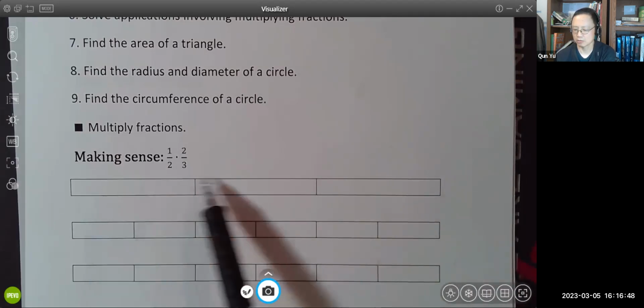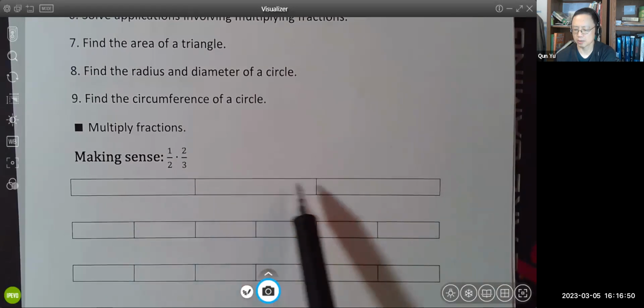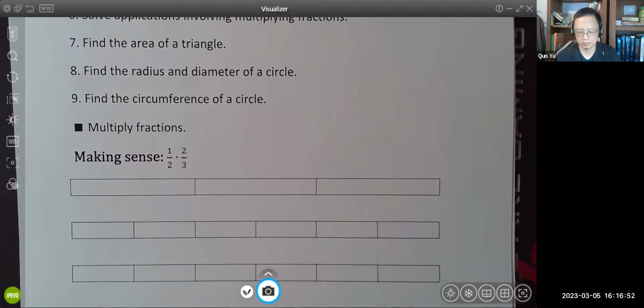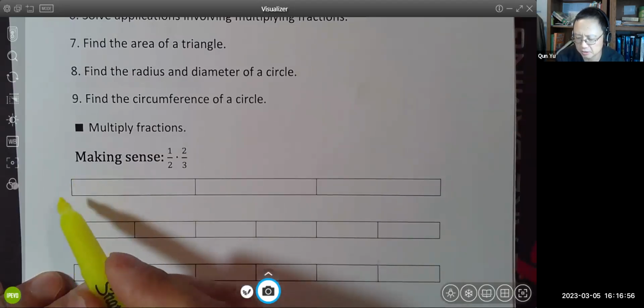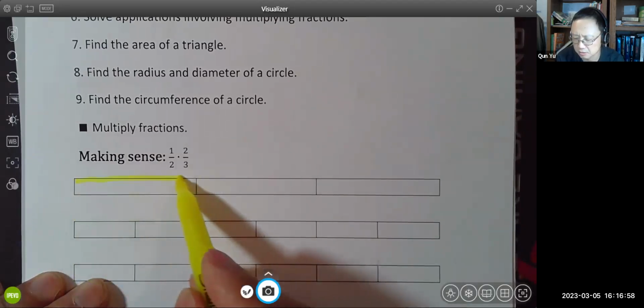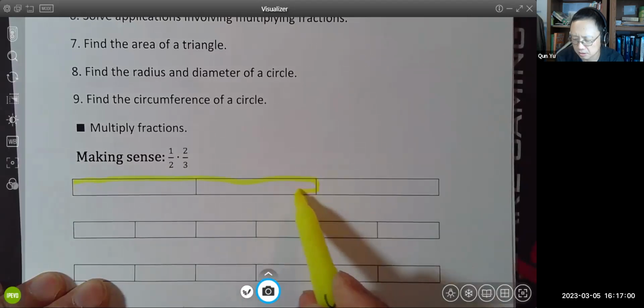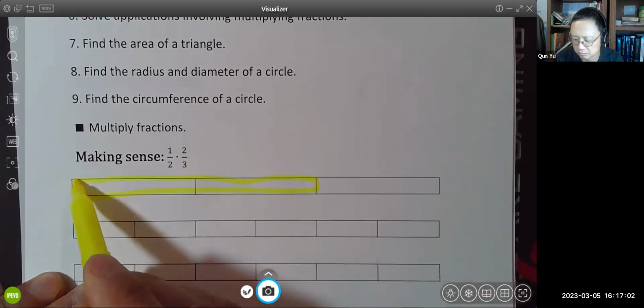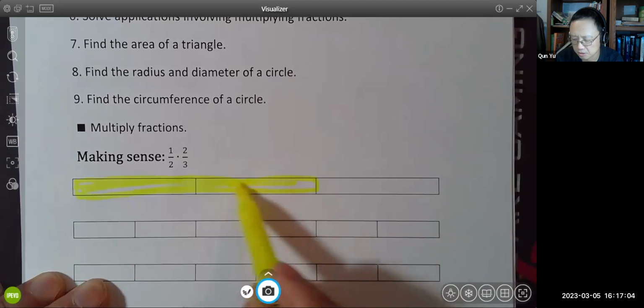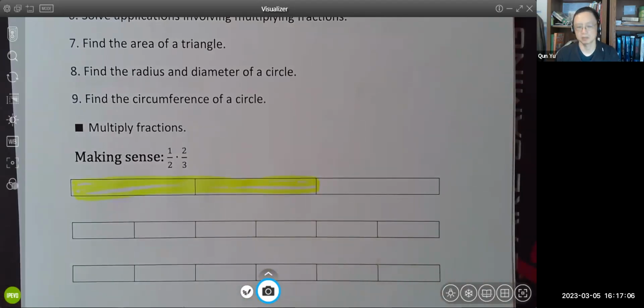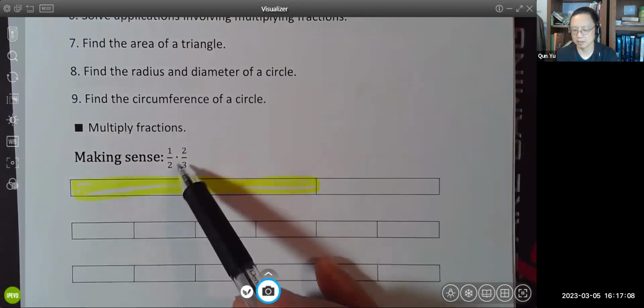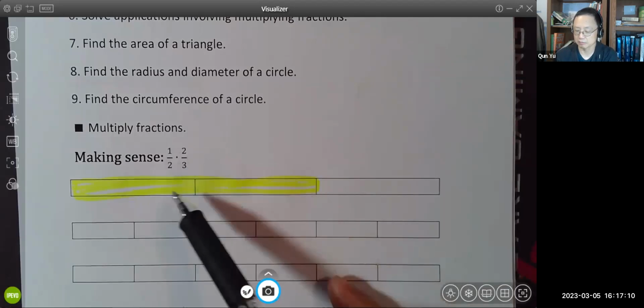We divide this whole thing into 3 equal parts, we get 2 parts. So this part, let me highlight it. This is 2/3, right? This is 2/3.